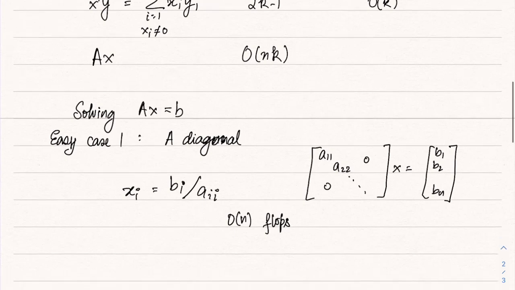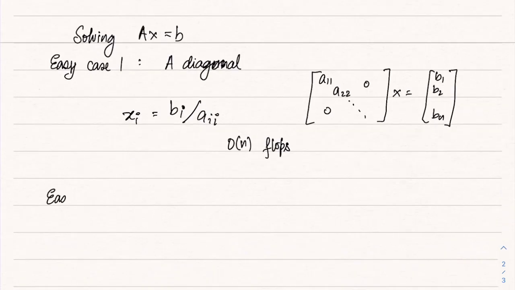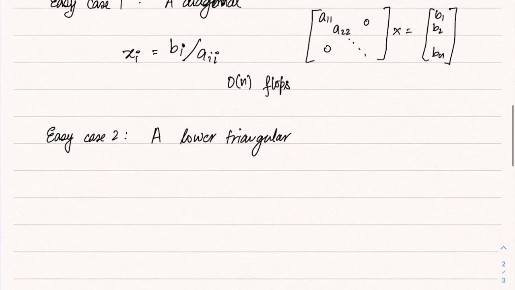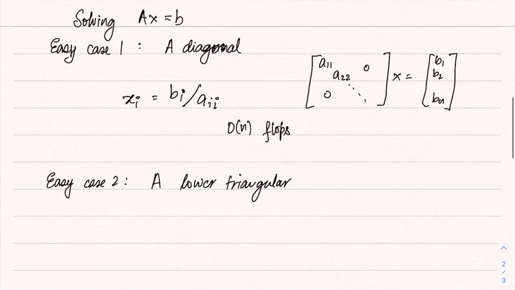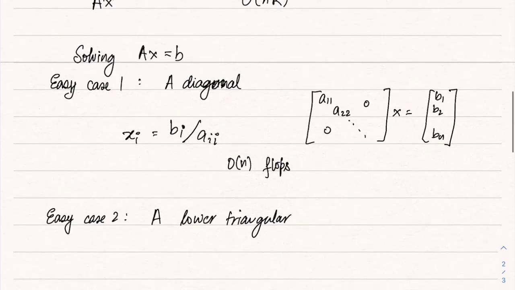Another easy case is when A is lower triangular. It is not as easy as diagonal, but still it is easier than the general case. Actually, I forgot to mention, in the general case the complexity of solving this is order n cube.